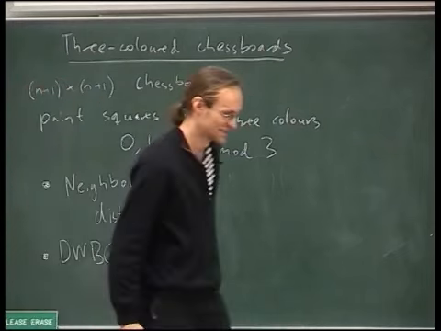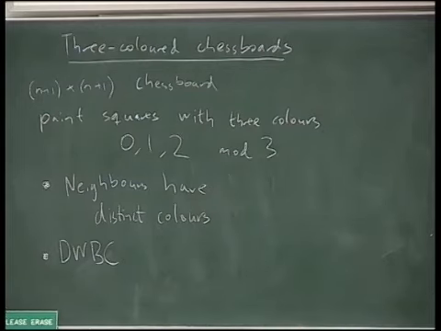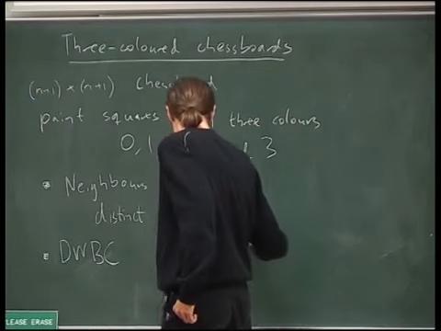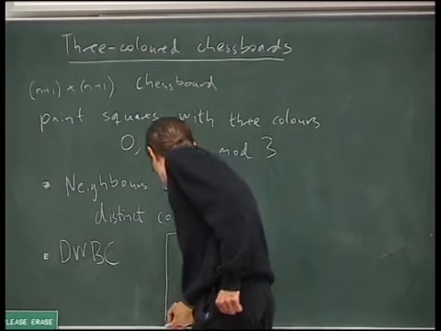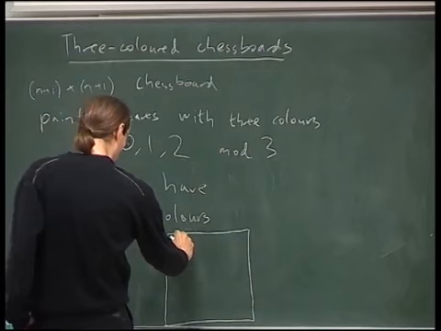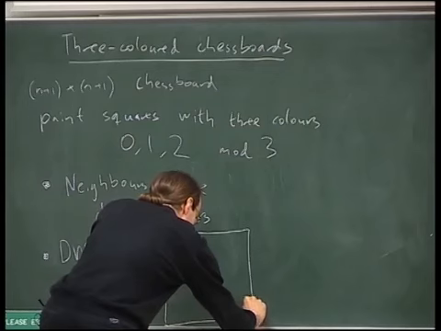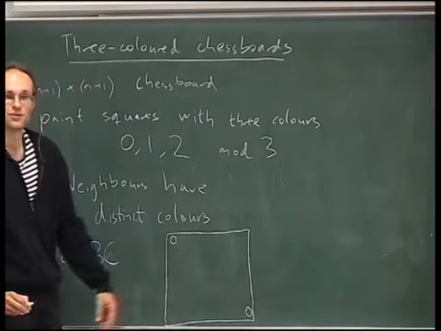And the second rule is what domain wall boundary conditions amount to in this picture. So it means that if you look at just the boundary entries, the top left square and the bottom right square here will have color 0.